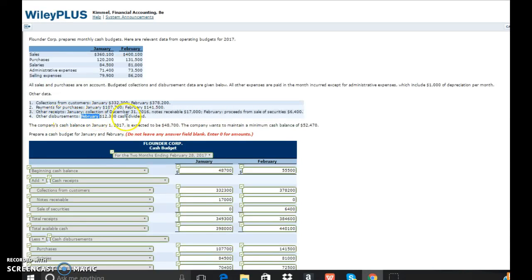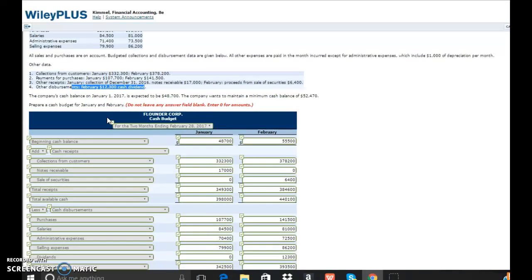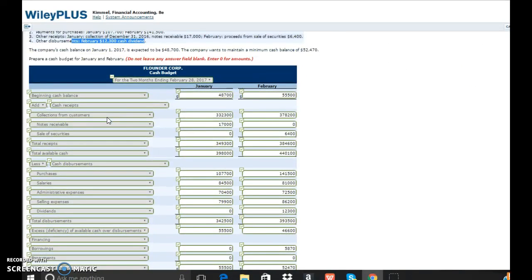Right here in other disbursements, we see that only in February we paid 12,300 cash dividends. So we're going to add those in just for February. So it's going to be a zero balance for January, and in February we paid $12,300 in dividends.